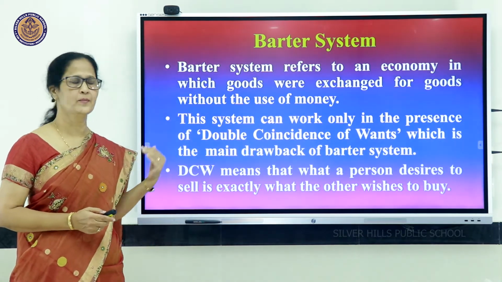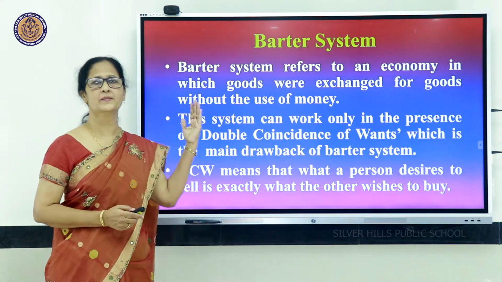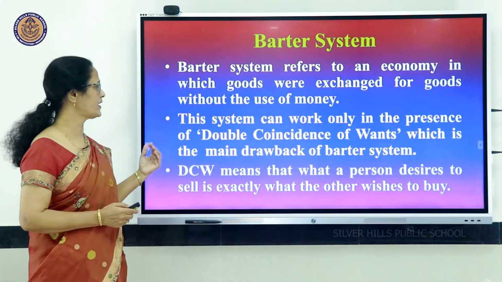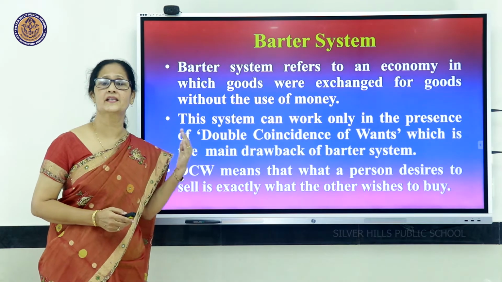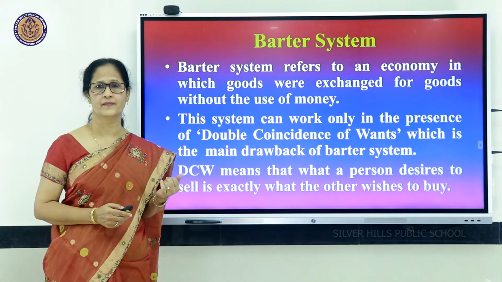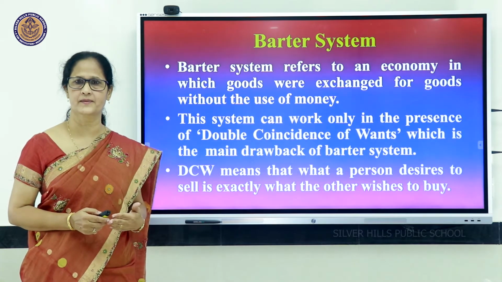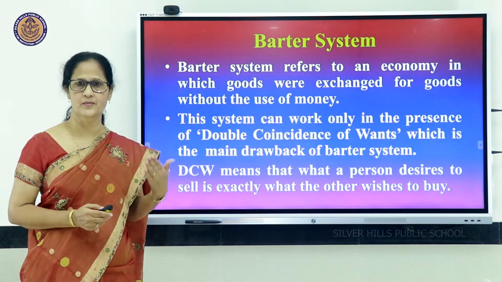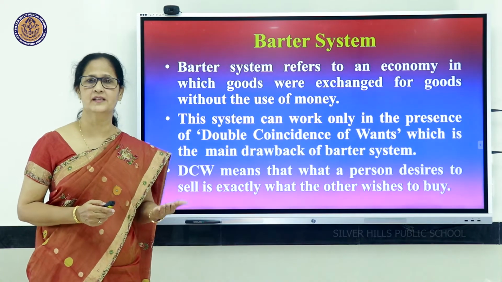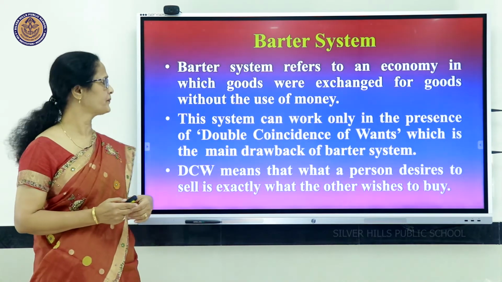How do you define the barter system? The barter system refers to an economy in which goods were exchanged for goods without the use of money. So that is the barter system. Without using money, people exchanged goods for goods.